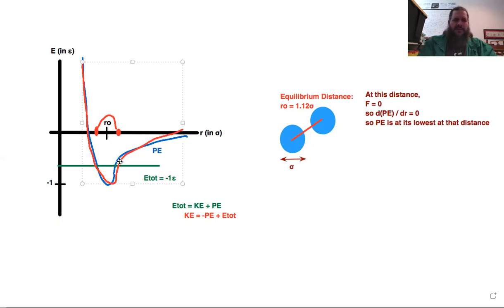The negative sign flips that upside down, the exact reflection. And then plus E total, that's adding a negative, so that shifts the graph down. And then we cut off everything below the axis. And what's left is the kinetic energy graph.